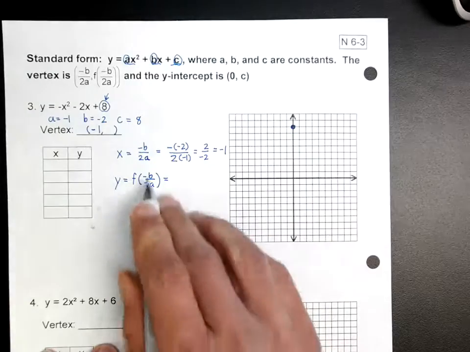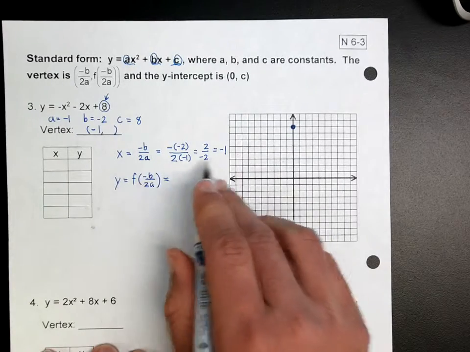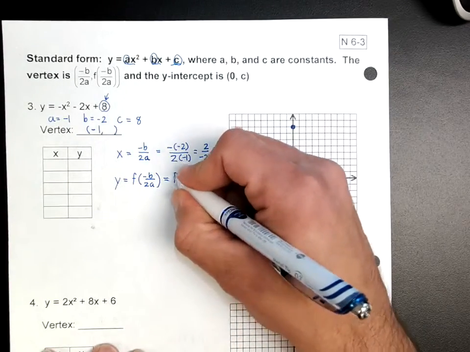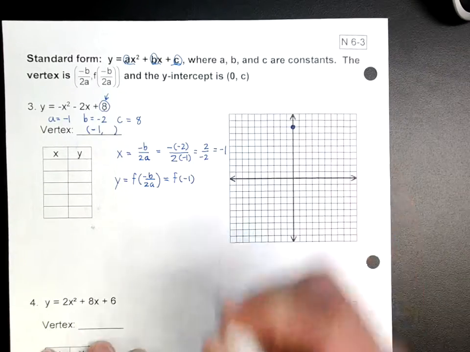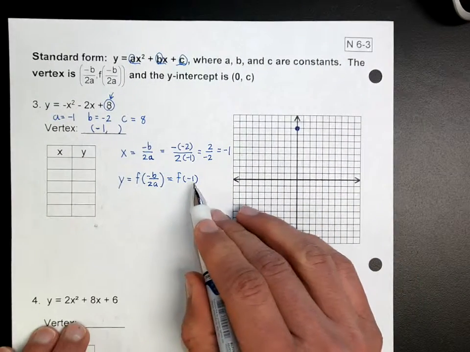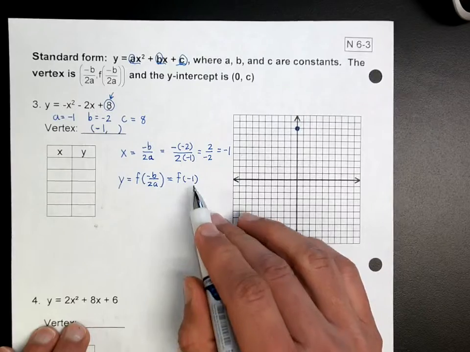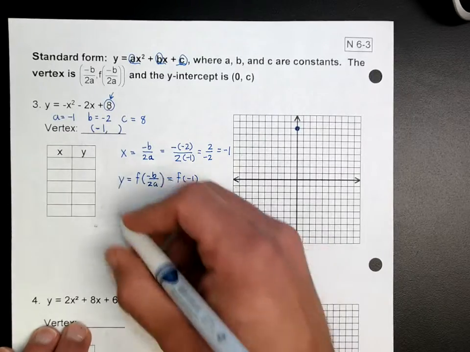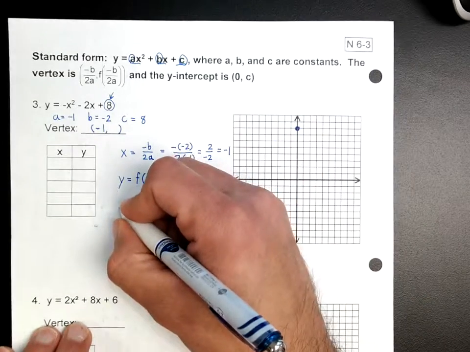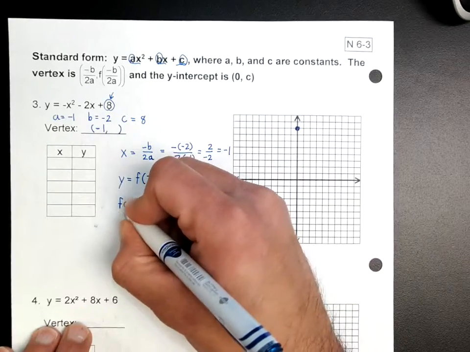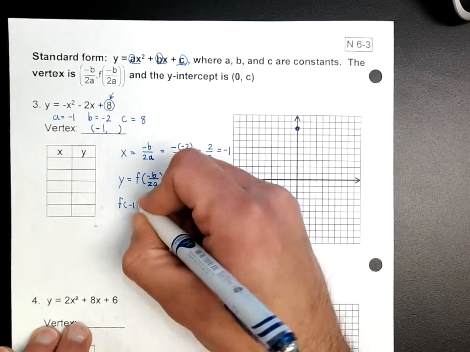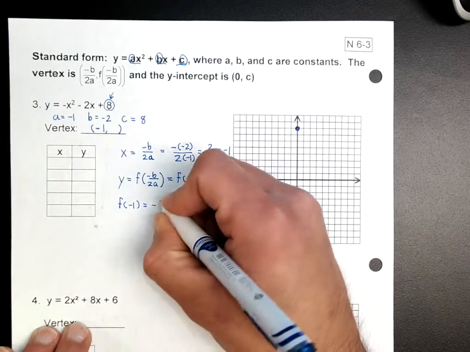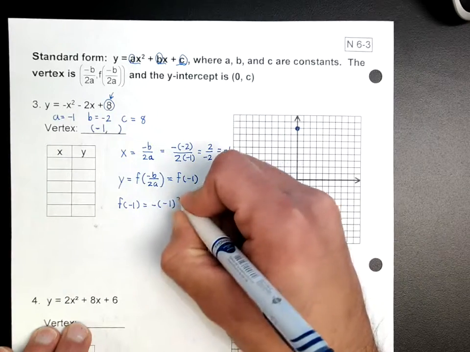So notice that negative b over 2a, which is what I found here, means this is f of negative 1. Translation: when you see something like this, what that really means is to plug in negative 1 for x. So what we're really doing here is f of negative 1, that's the same thing as plugging in a negative 1 for x.